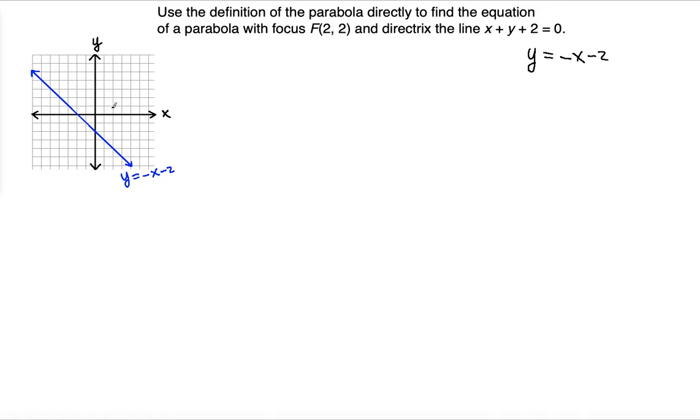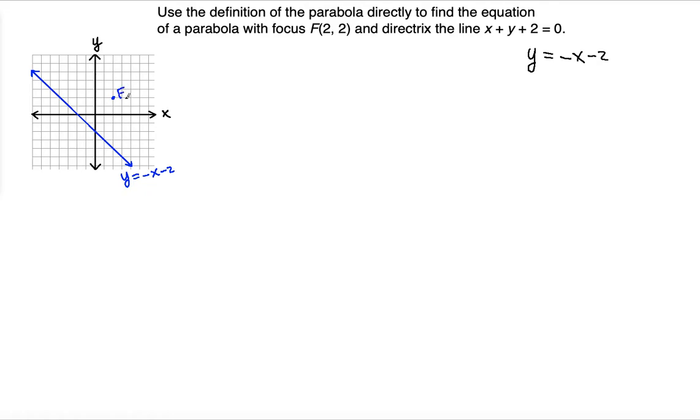Notice that the line segment connecting the focus (2, 2) and the directrix shows a perpendicular relationship, right? So this line segment that you connect between the directrix and the focus is perpendicular to the directrix line, as it should be. So this is the focus, (2, 2).